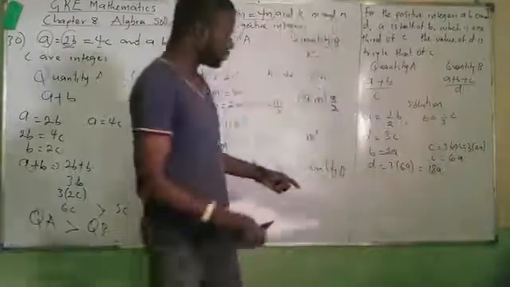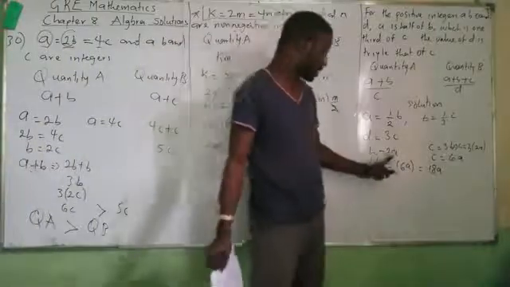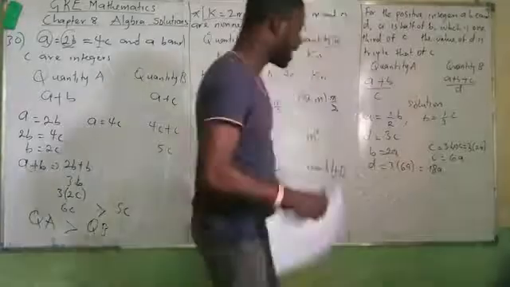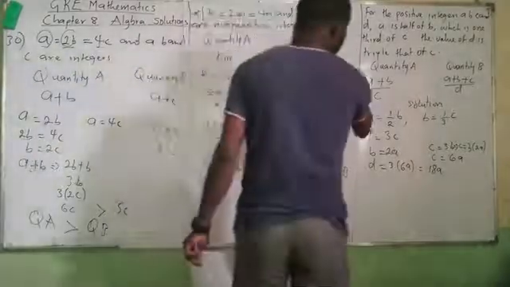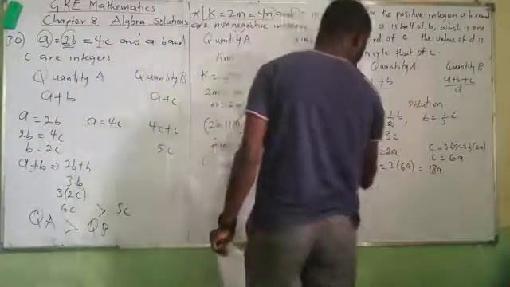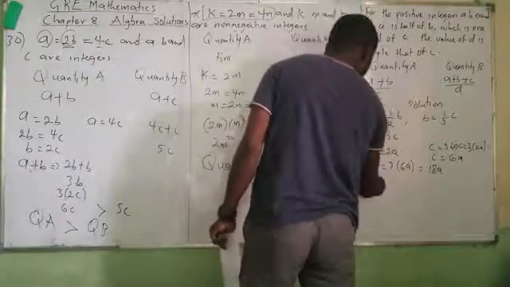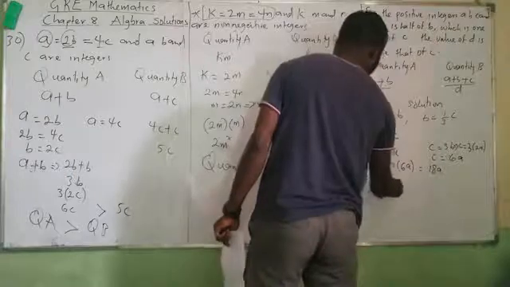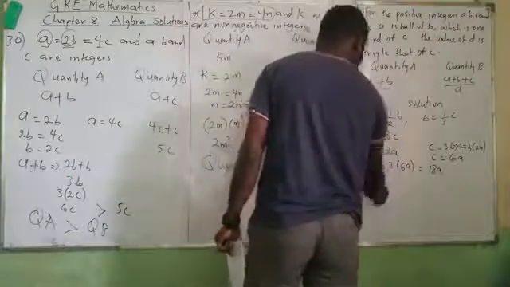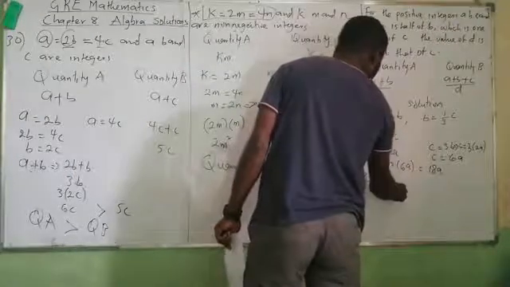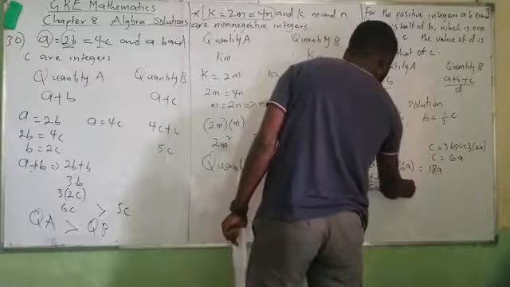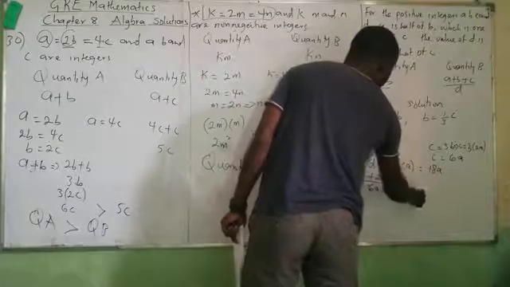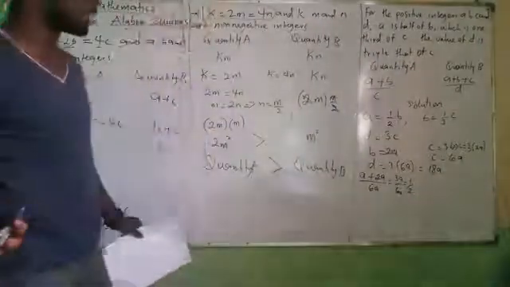Now, I think I've expressed everything in form of A. A plus B is 2A, divided by C, which is 6A. So 3A all over 6, which will be 1 all over 2.